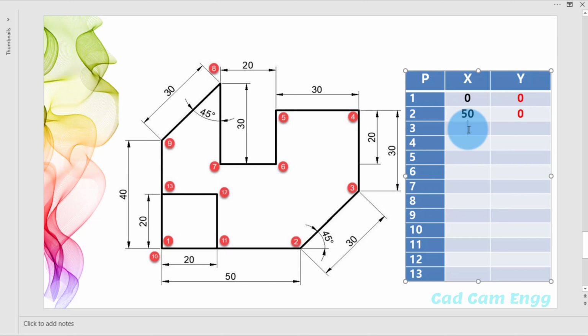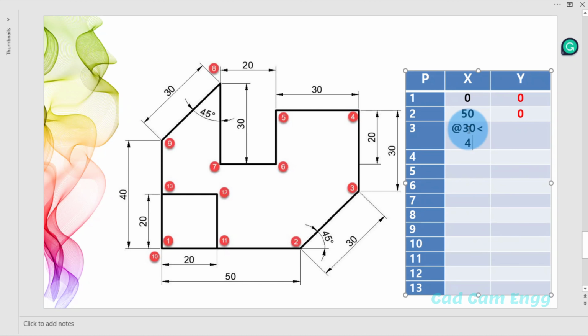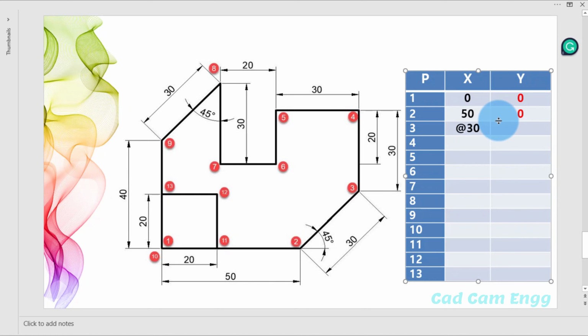So what I am going to do is use the @ symbol. Then the distance is 30, the less than symbol, and the angle is 45 degrees. Okay, so here I give the less than symbol and 45 degrees. Okay, and the fourth one.